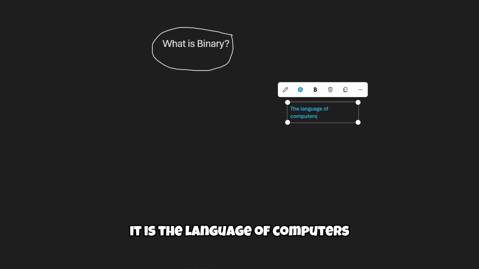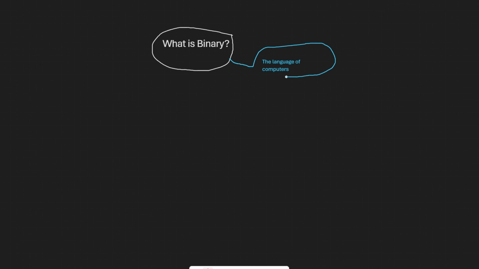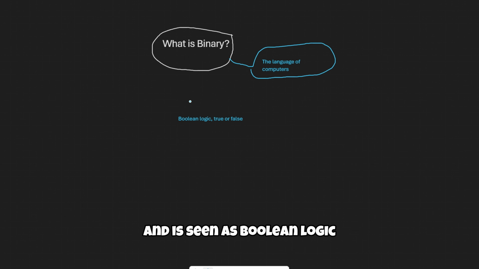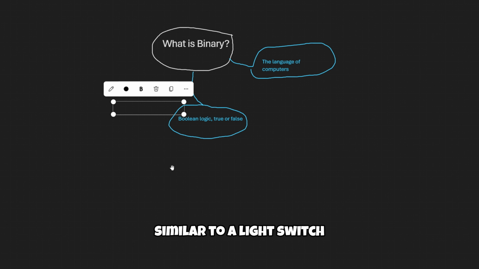It is the language of computers, and is seen as Boolean logic. It represents true or false. Binary can also be seen as 0 is off and 1 is on, similar to a light switch.